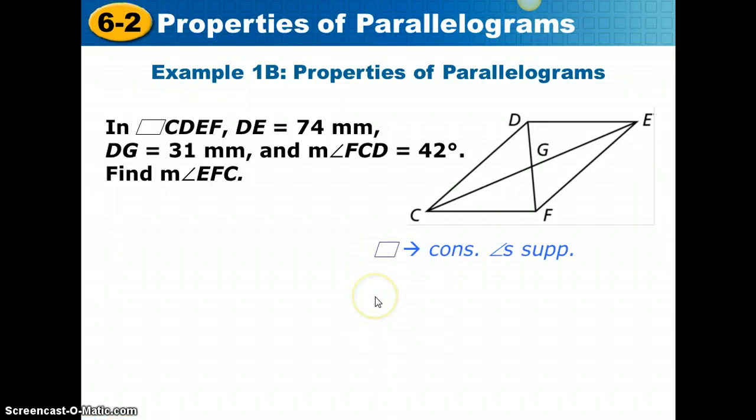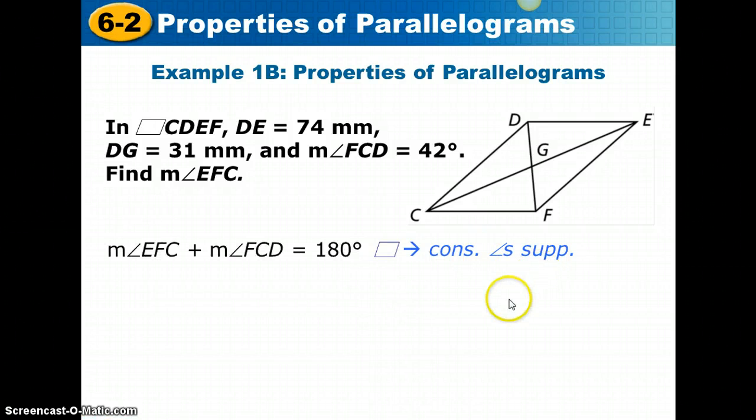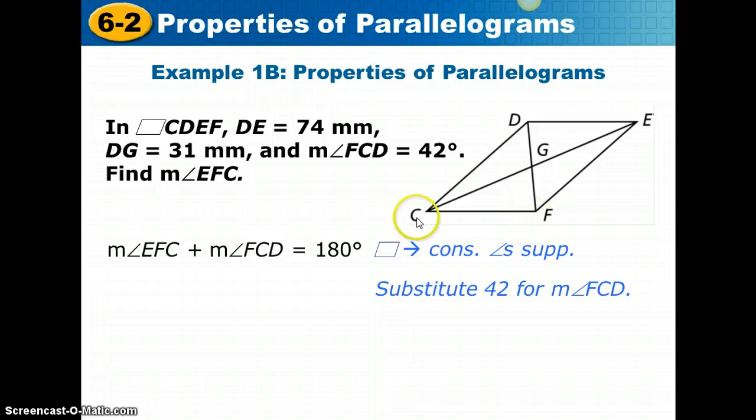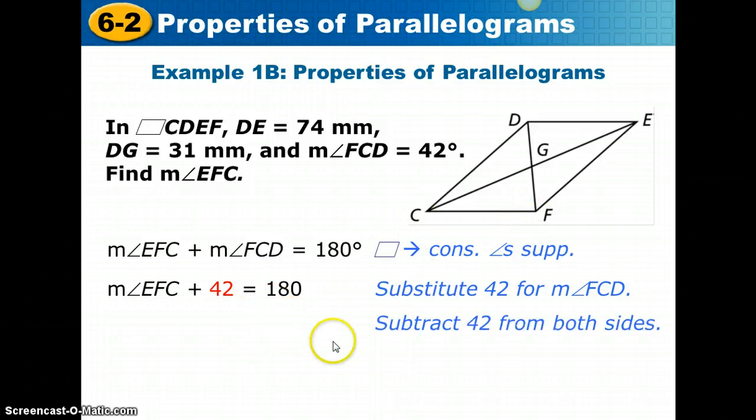In a parallelogram, consecutive angles are supplementary, so their measures should add up to 180. So if I substitute 42 in for FCD, and I subtract 42 from both sides, the measure of EFC is 138 degrees. Again, these two add up to 180, so I take 42 away from 180 to get 138 for EFC.